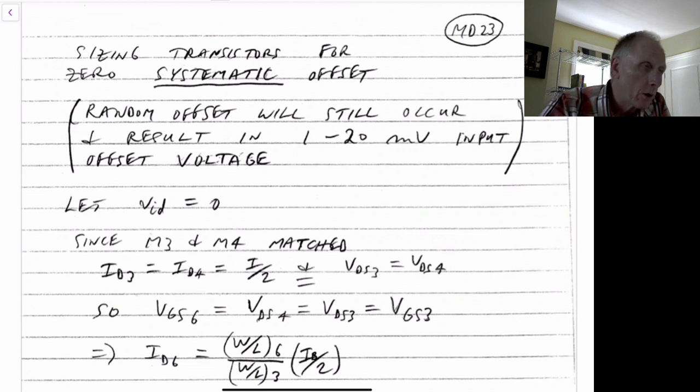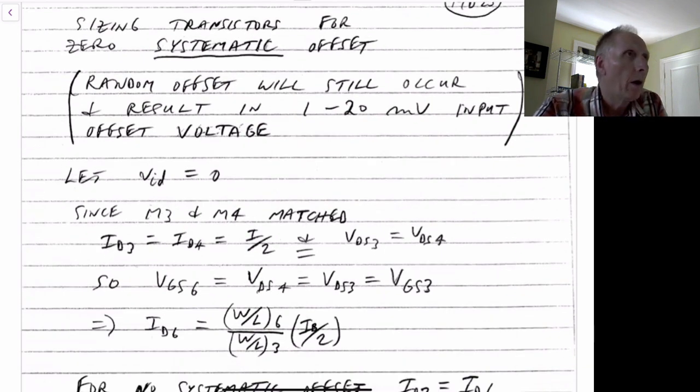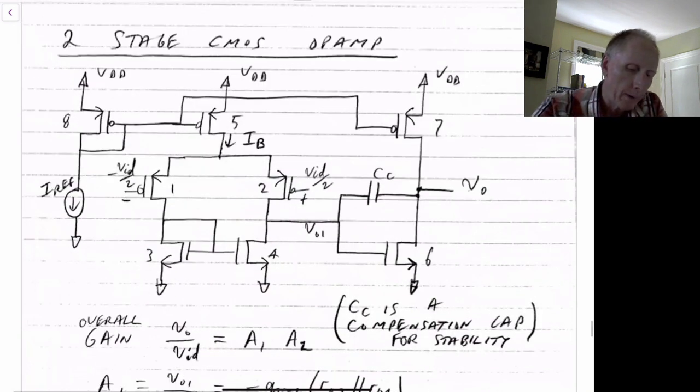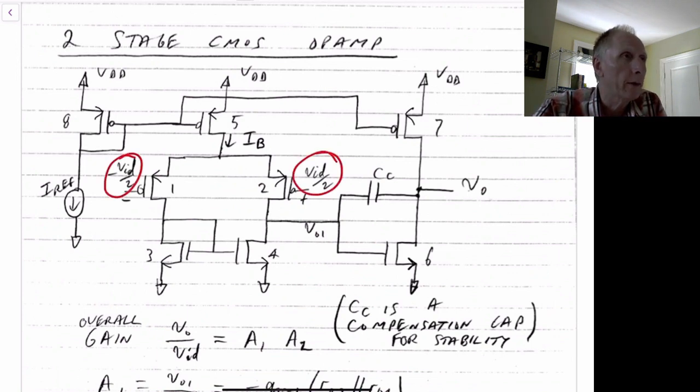So, designing for zero systematic offset, going back to our circuit, our goal is to ensure that when we set the two gate voltages equal to each other, the current through M6 should equal nominally the drain current through M7.